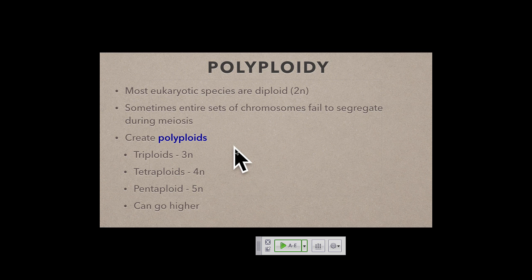So instead of being diploid, which most animals are, these plants can be triploid or tetraploid, even higher. And in many cases, plants that are polyploid end up being more vigorous, stronger, larger. Does anybody know why? I'm just asking because I'd like to know.